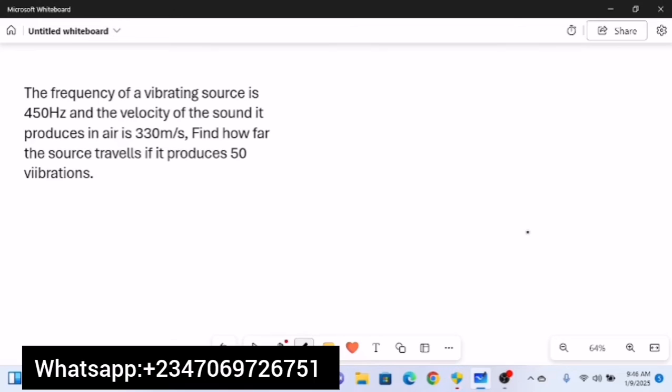So let's pick out our parameters. The frequency of a vibrating source is 450, so we are given frequency. F was given as 450 Hz, and the velocity of the sound it produces in air, so velocity of sound V is 330 meters per second.